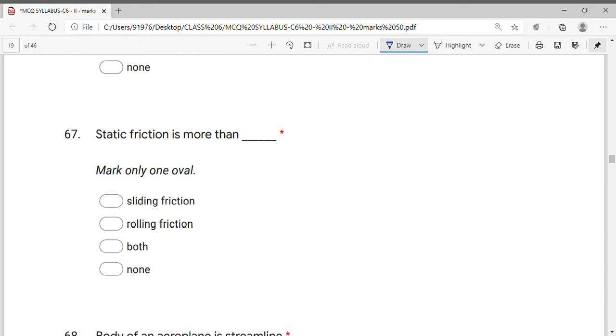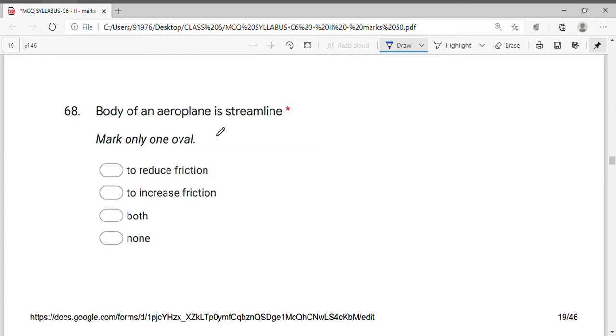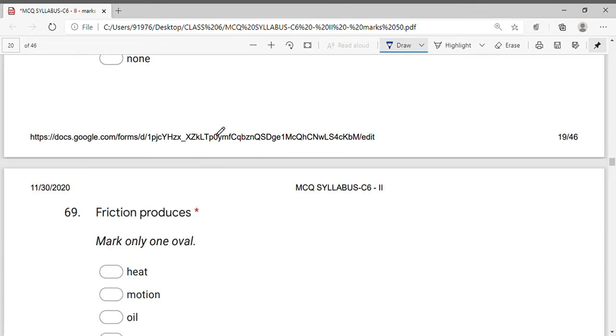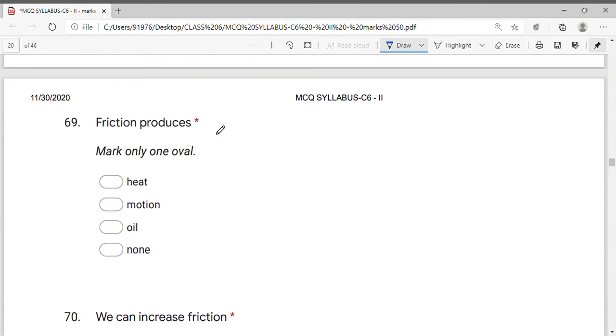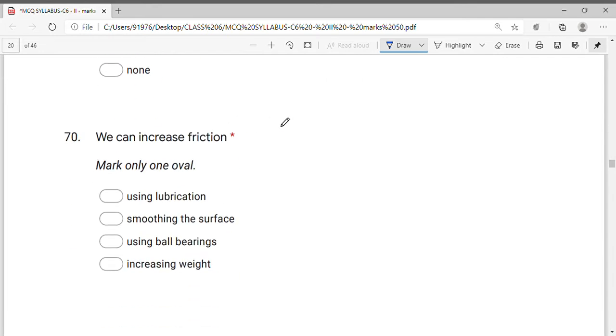Static friction is more than both sliding friction and rolling friction. The body of an aeroplane is streamlined to reduce friction, so it can fly smoothly. Friction produces heat. We can increase friction by increasing the weight.